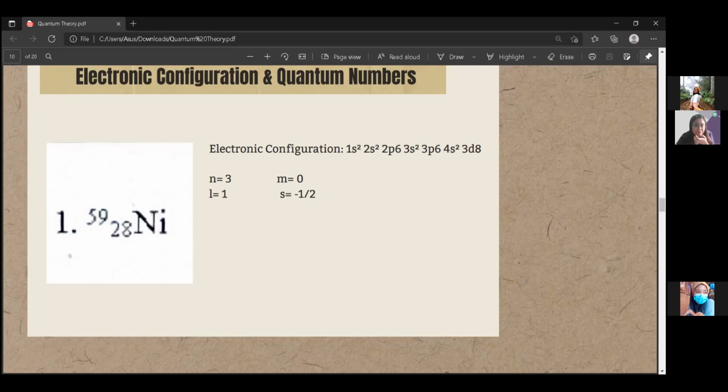As given in the instruction, we need to predict the set of quantum numbers of the last electron. As also given in the previous slides, quantum numbers are the set of numbers used to describe the position and energy of the electron in an atom.